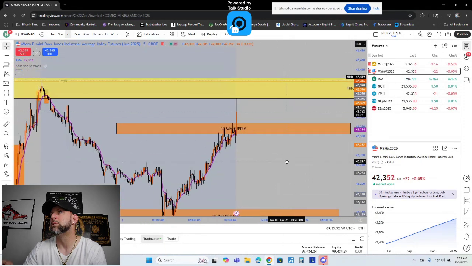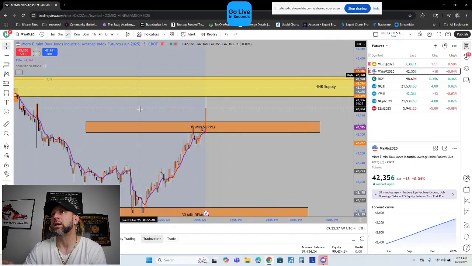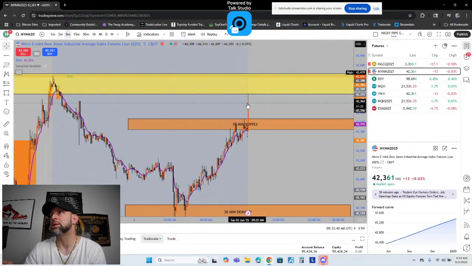Let's look at US 30. So US 30 tapped into our 4-hour supply zone, and then of course we have a rejection here. We got to see if it's going to continue to fill it.